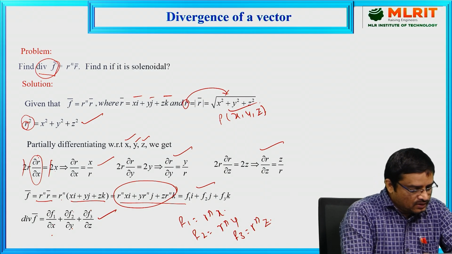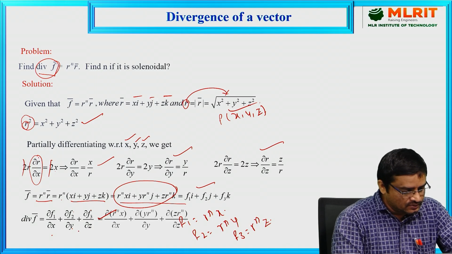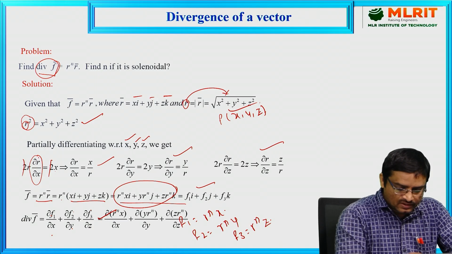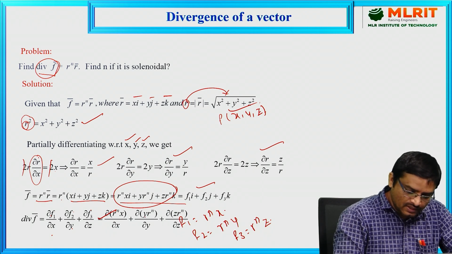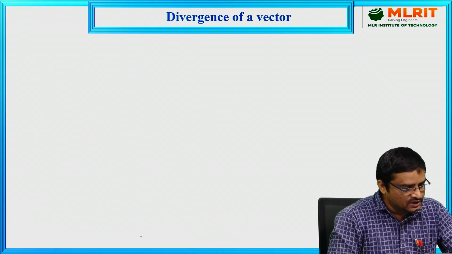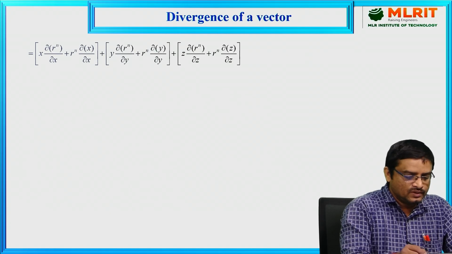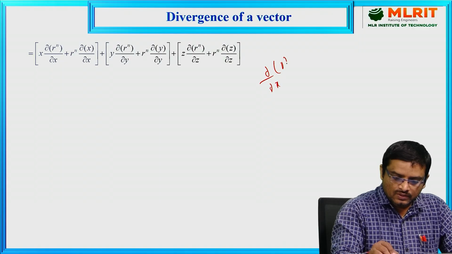Div f bar is given by these partial derivatives added together. So what is our f1? r power n into x. What is our f2? r power n into y. What is our f3? r power n into z. Apply the partial derivatives here. So dou by dou x of r power n into x.